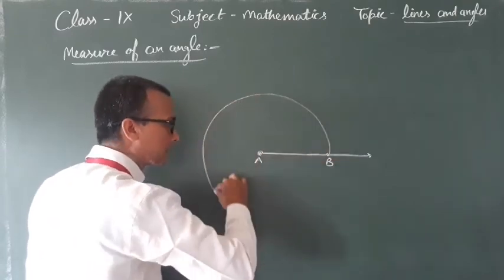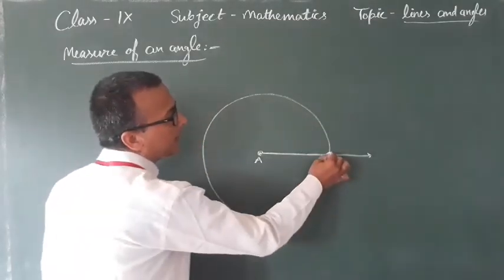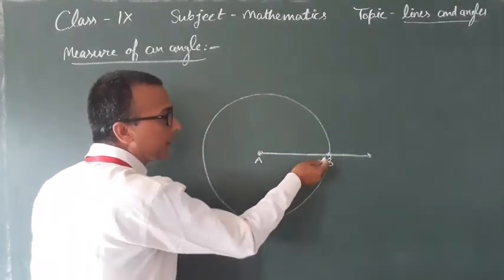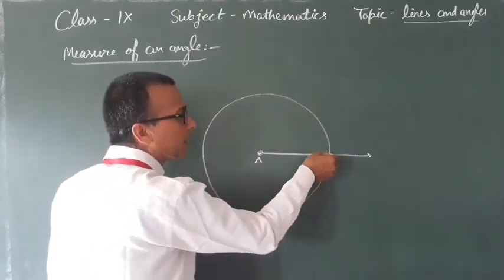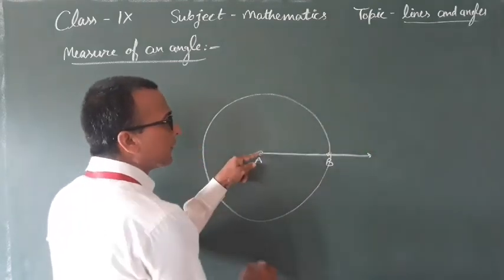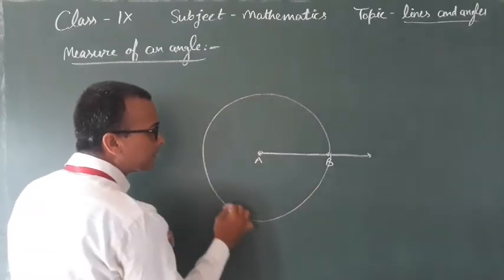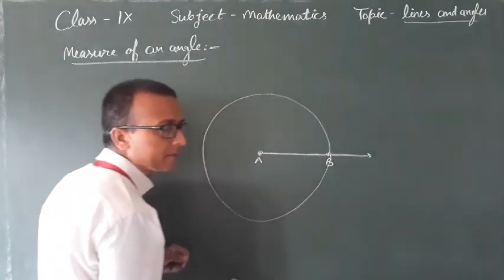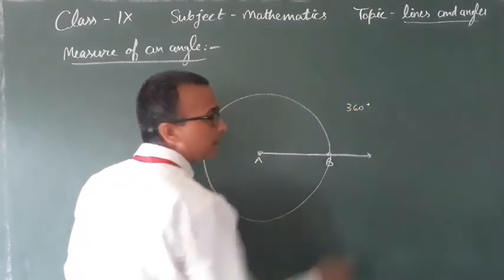Watch the locus of the point B. It will make a circle. When you rotate it, it will make a circle. Suppose this ray is rotating in this way, and the path of this point B will be a circle.